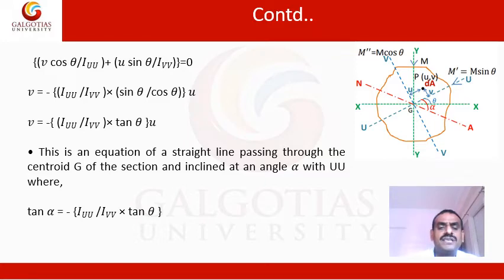This is the equation of a straight line passing through the centroid G of the section and inclined at an angle alpha with UU, where alpha can be determined using tan alpha equal to minus IUU divided by IVV into tan theta. Once we find the value of alpha, we can find the equation of the straight line passing through the centroid G, which makes an angle alpha with respect to the UU axis.